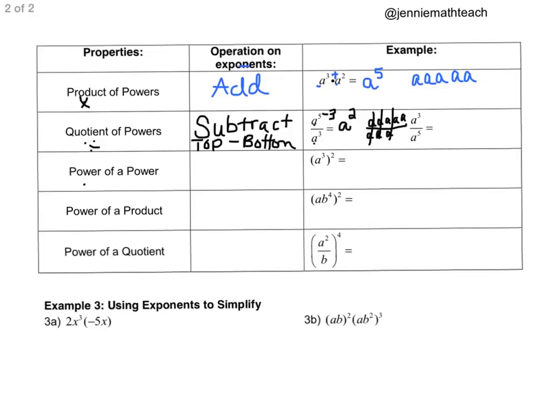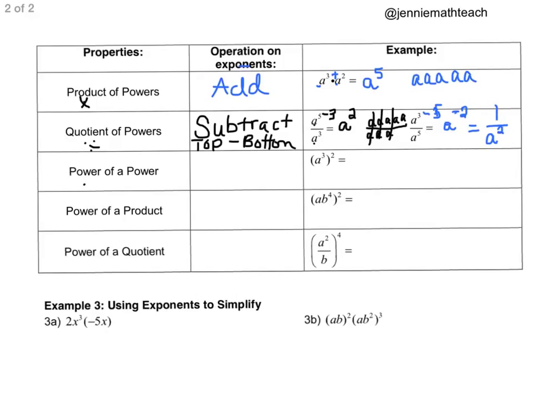Now let's do this one that has been flipped the other way. The 3 is on top, the 5 is on bottom, so we're going to do 3 minus 5. That is negative 2. We can't leave our final answer like that. We're going to move that underneath the fraction bar, make it positive, and put a 1 on top.